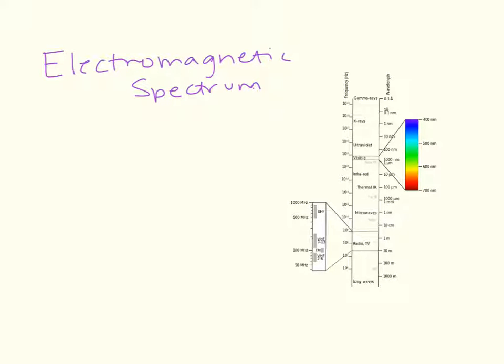And it is this, and there's several different ways that you can find this represented online and in textbooks. But it's basically a classification of the different types of electromagnetic radiation.